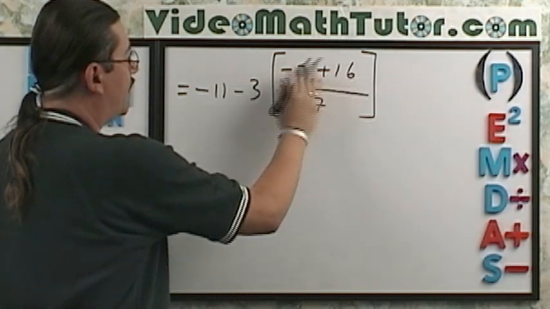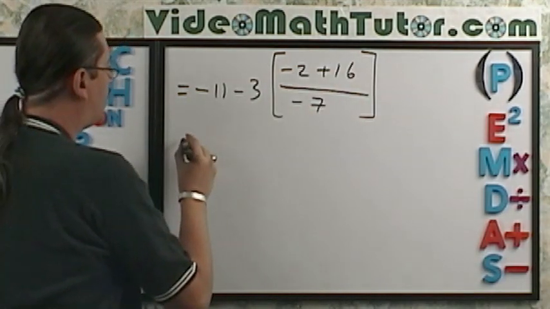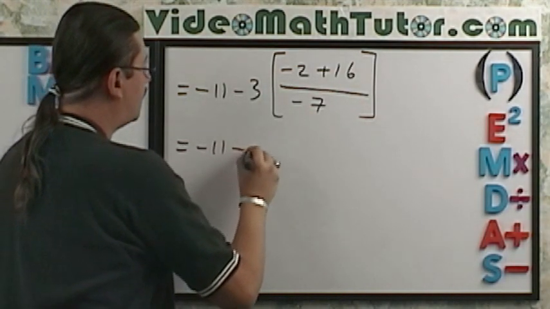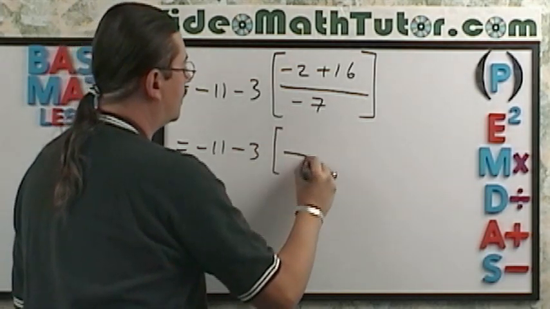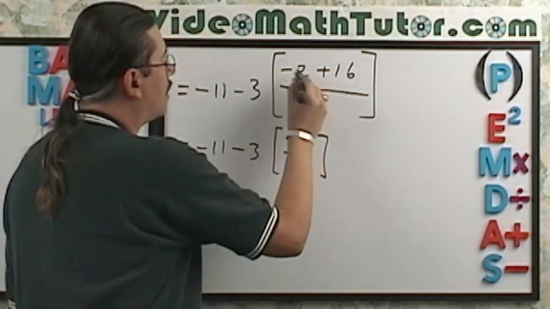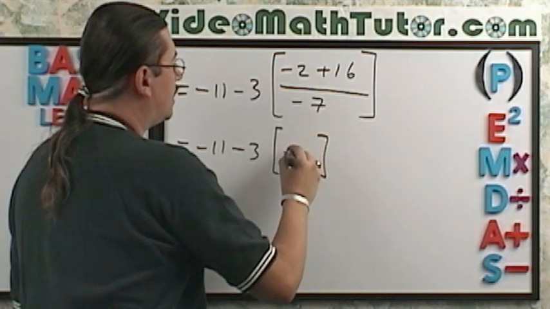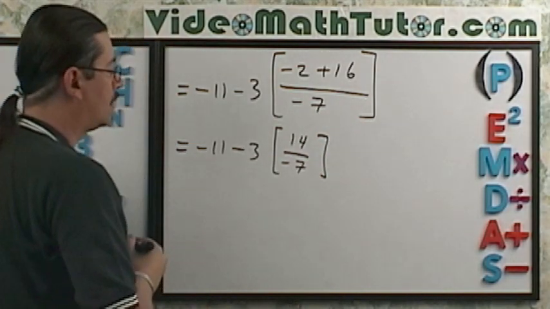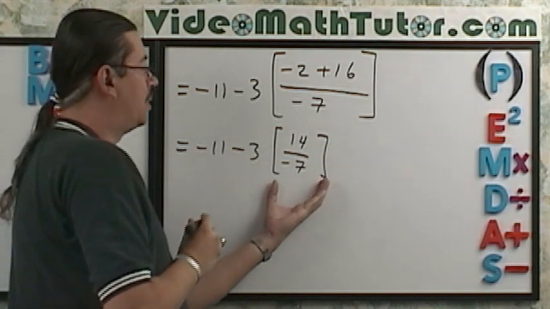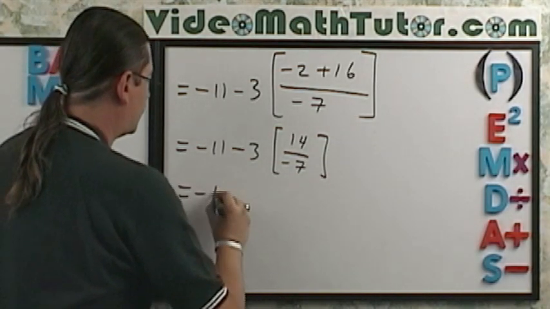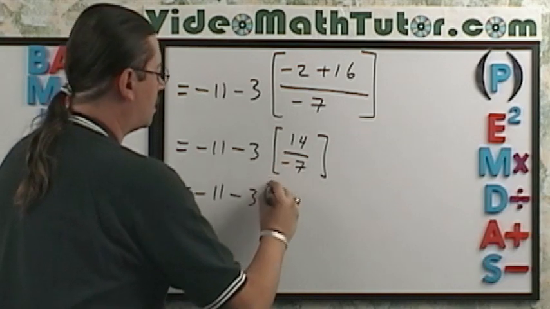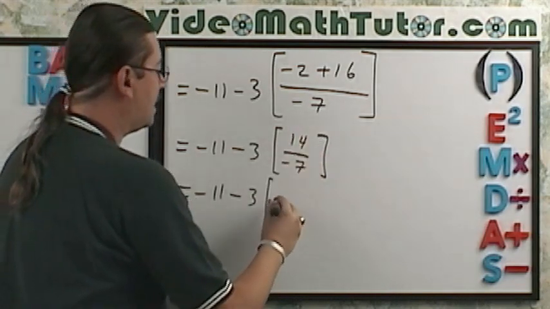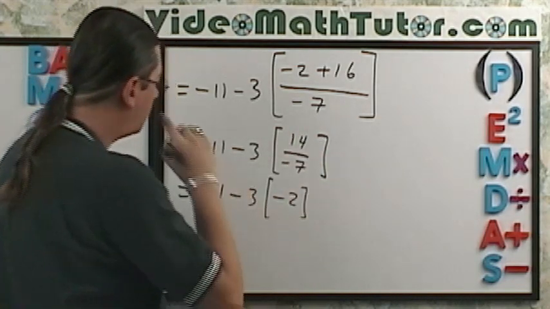Let's do the addition on top. And the bottom just stays the same. And the outside stays the same too. Negative 2 plus 16 is 14. Now we do what's within this inner group. 14 divided by negative 7 is negative 2.